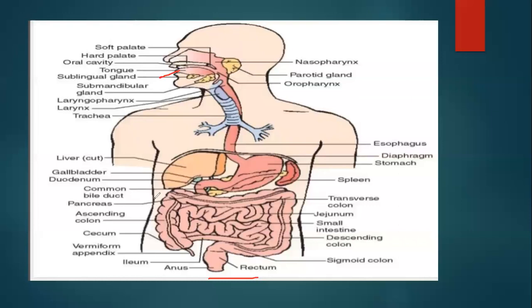The ducts of various glands open into the alimentary canal and pour their secretions of digestive juices into it. So the digestive system extends from the oral cavity to anus, with different parts as well as associated glands.